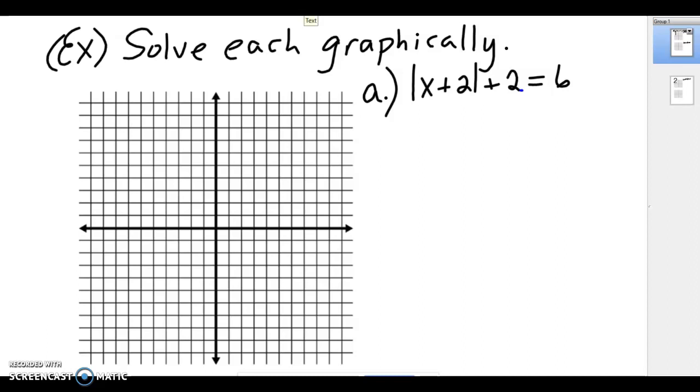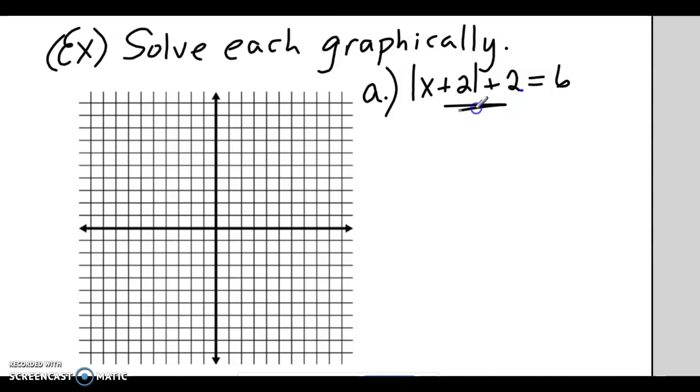Okay, so you have your absolute value equation. What's step 1, Savannah, in our steps that we just had? Okay, so we've got 2 sides of our equation, the left side and the right side. So we're going to rewrite each of those as a function of x.